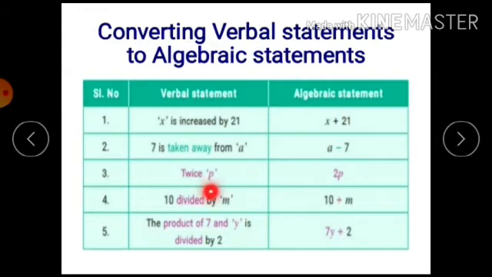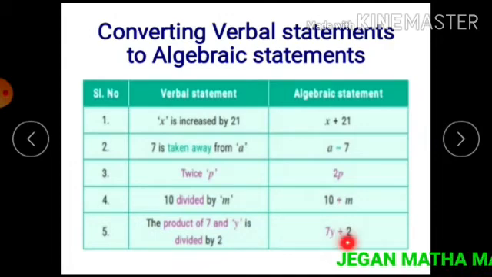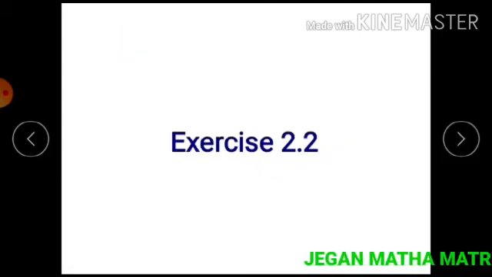Twice p is the verbal statement. 2 into p is the algebraic statement. 10 divided by m, 10 by m. The product of 7 and y is divided by 2. 7y by 2 is the algebraic statement.